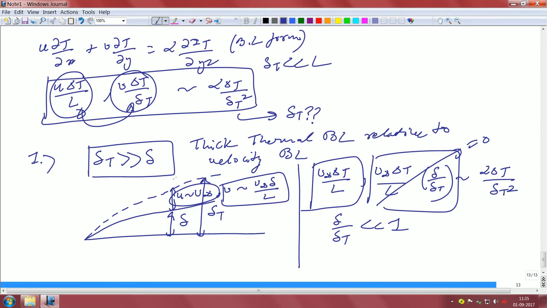So, in most part of the flow field inside the thermal boundary layer, remember the analysis here is done for the thermal boundary layer, the velocity scale is almost like u infinity. And not only that, because you are outside the velocity boundary layer, the v component of the velocity will be negligible. So, there is no doubt that this is the correct expression that we have got. Okay, now, let us go to the next page.